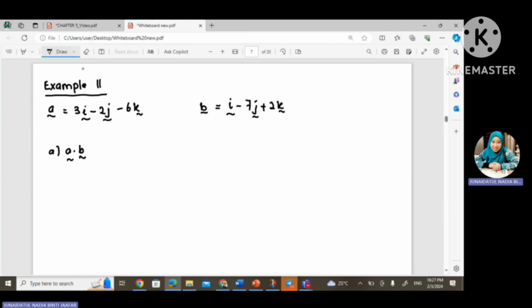So to calculate the dot product of A and B, or A dot B, we multiply the value of i with i.